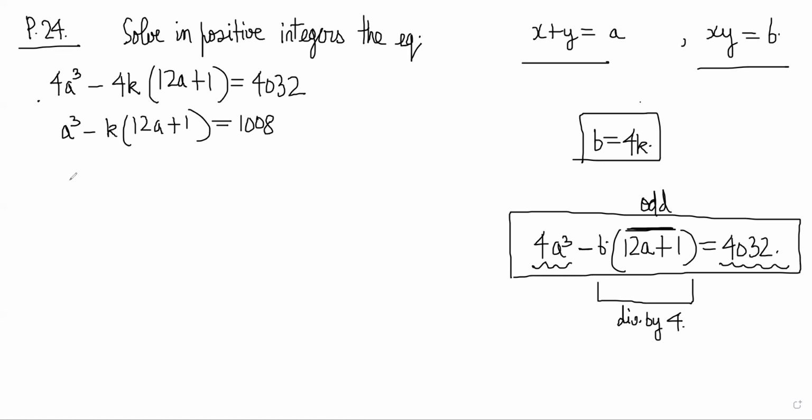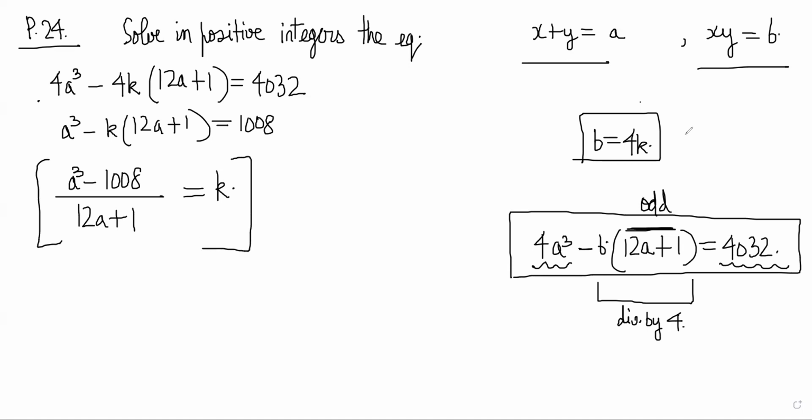We will get k equal to (a cube minus 1008) divided by (12a plus 1). From here we know k is an integer, so a cube minus 1008 should be divisible by 12a plus 1. Since the question was about positive integers, we also know k is a positive integer, right?